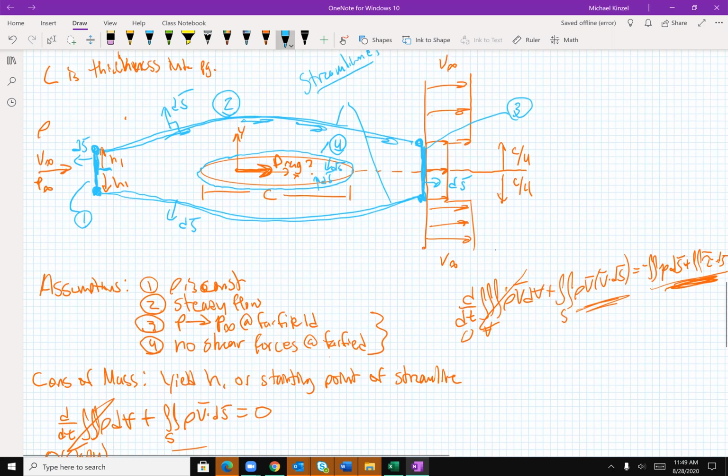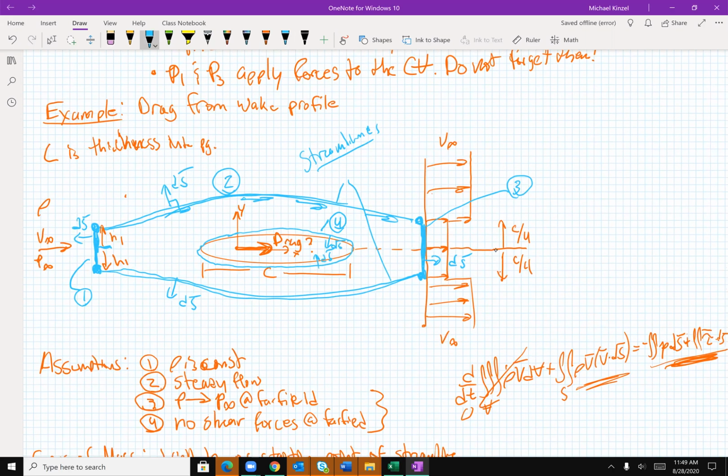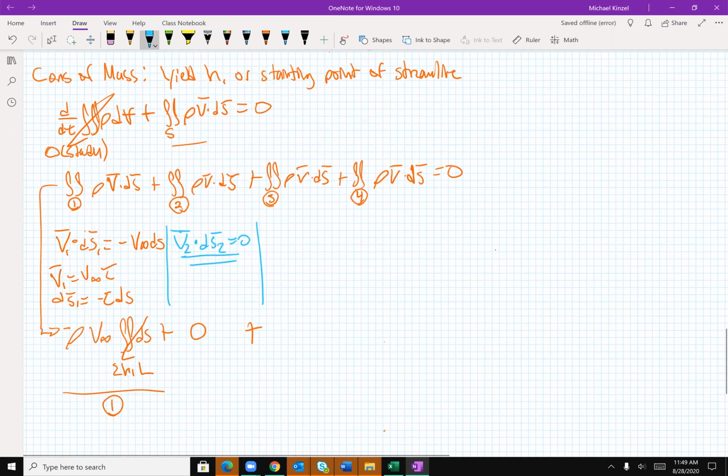So the third one, this is the outlet. Our velocity is to the right and our dS is to the right. So V3 dot dS3 is going to be V infinity on 2 times i, dot i dS3.